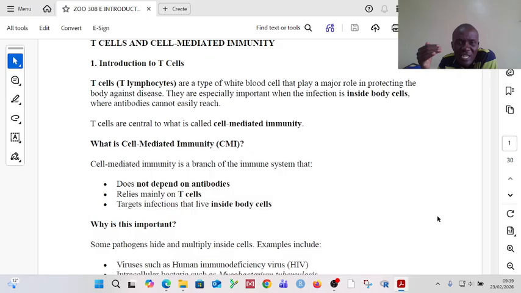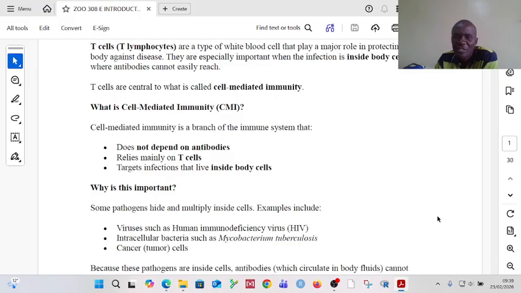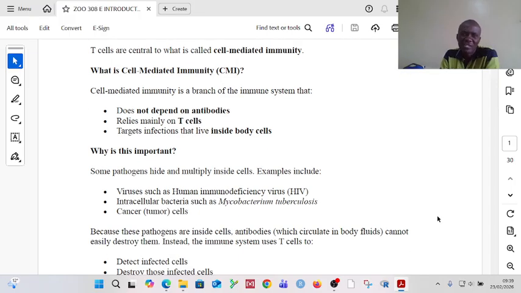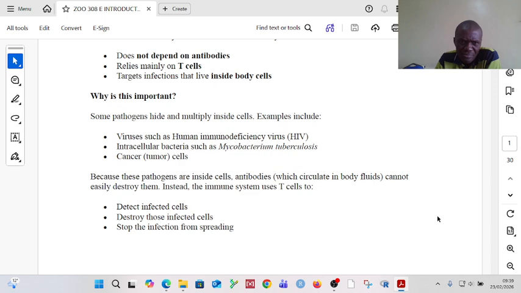Okay, so antibodies cannot reach pathogens found inside our body cells. There has to be something else that is used, and in this case, the T cells are called into action. So why is this important? Why is cell-mediated immunity important? There are some pathogens which hide, or live and continue to multiply, inside cells.